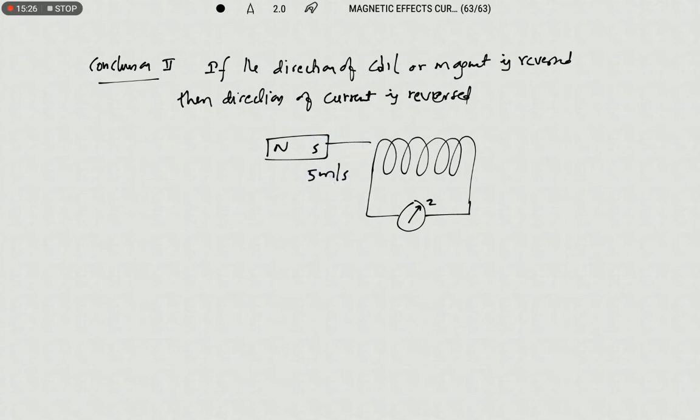Now I am increasing the speed of the magnet from 5 meters per second to 10 meters per second. When the speed of the magnet or the coil is increased, the deflection will also increase. What is the meaning of this? The relative motion affects the strength of the induced current produced in a coil.